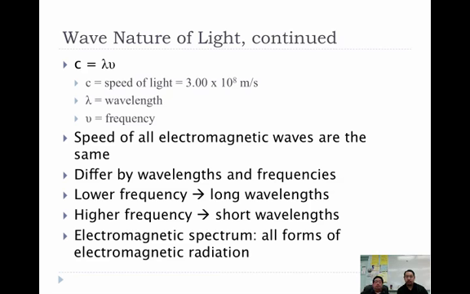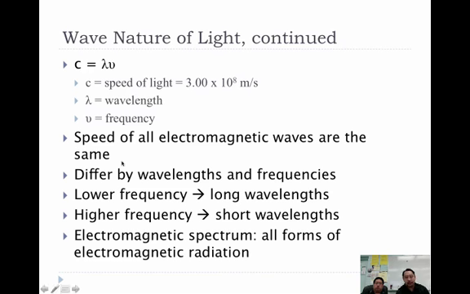So first up we have the wave equation, which deals with the three variables of speed of light, wavelength, and frequency. You'll notice here the speed of light is abbreviated to a different form, 3.0 times 10 to the 8 meters per second. That's the one that's more commonly seen. What to take away from this is that wavelength and frequency are inversely proportional.